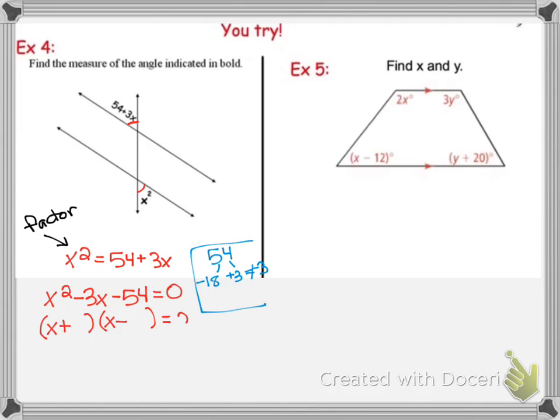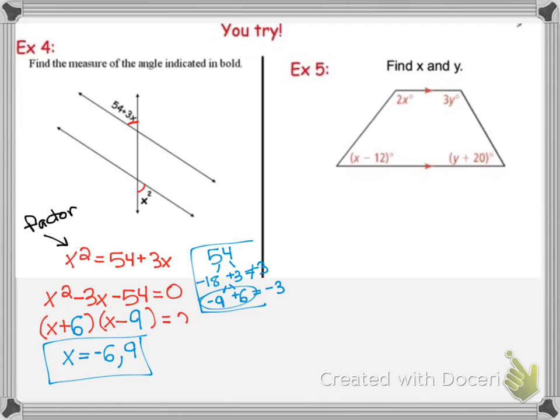That wouldn't work. I'd get too big of a number from that. So it also breaks into 9 and 6. So if I do negative 9 and positive 6, that will equal negative 3. So those are the guys I want. So I know that a 6 needs to go here, and that a 9 needs to go here and be negative. Okay, so my solutions will be x equals negative 6 or x equals positive 9. And either one of those will work because neither, when I plug them in, gives me a negative answer.